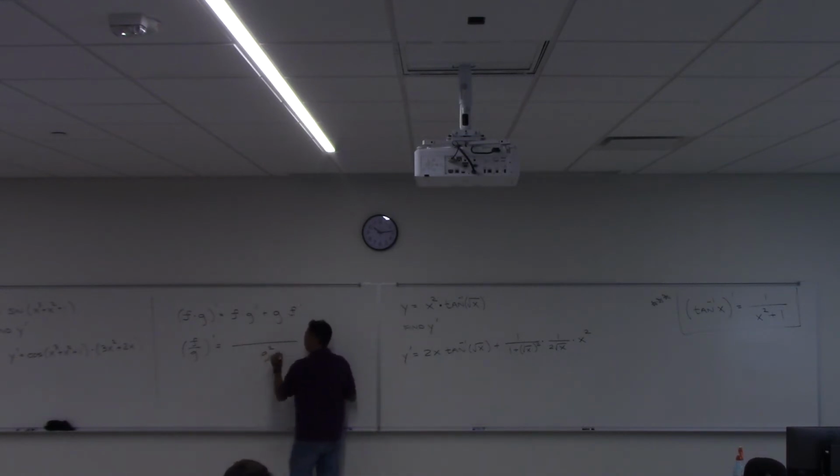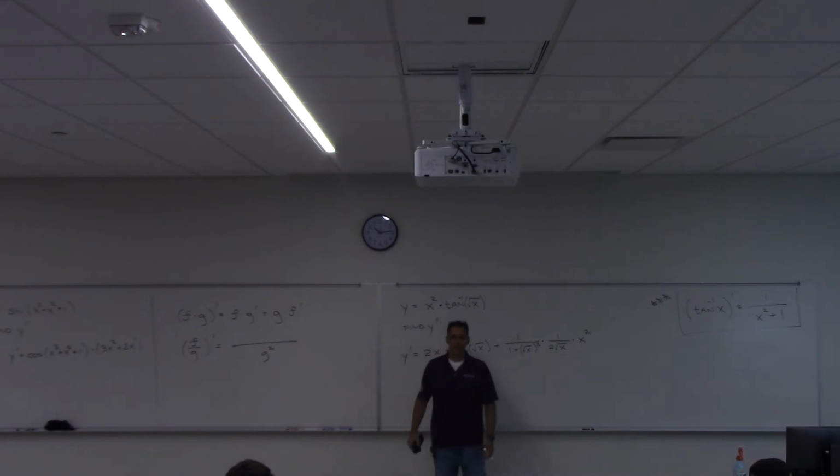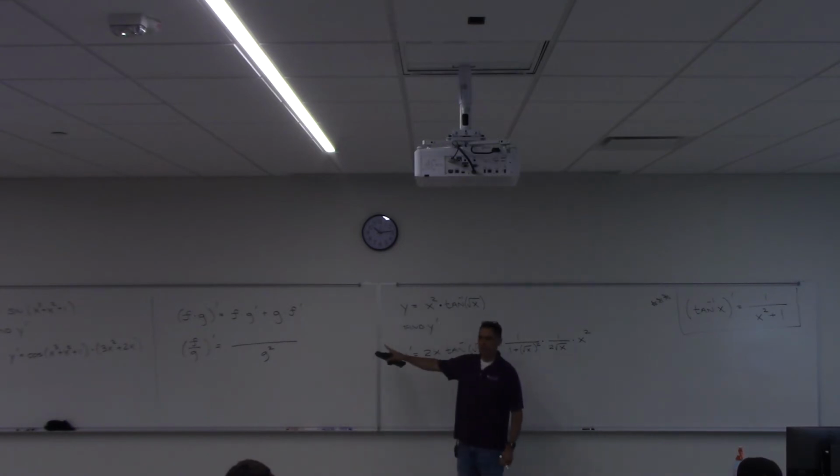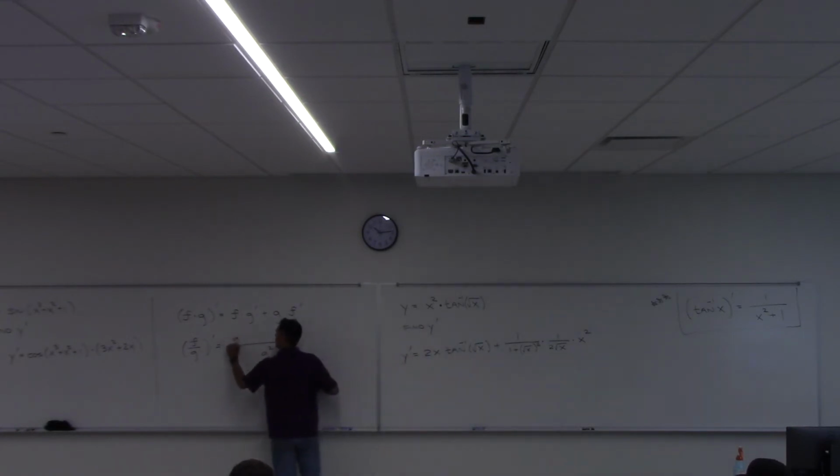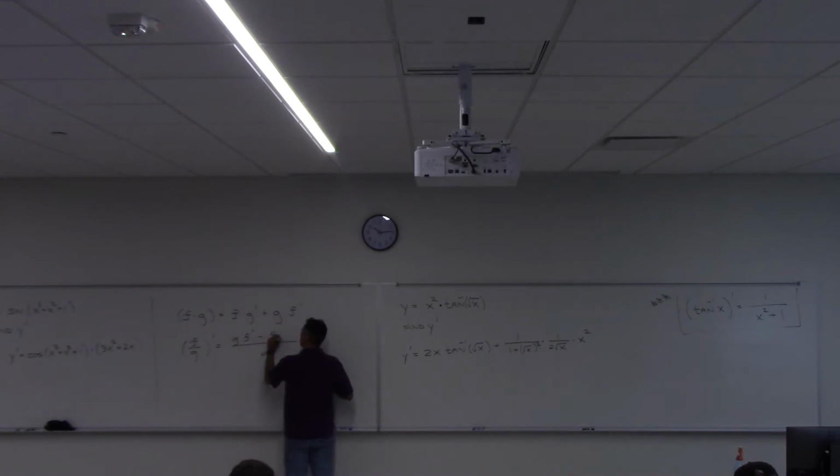Did I mix up the base? I think you may have. Someone help out. Not the one I taught you, I want to know how everyone else learned it. Would it be g times f prime minus f times g prime?